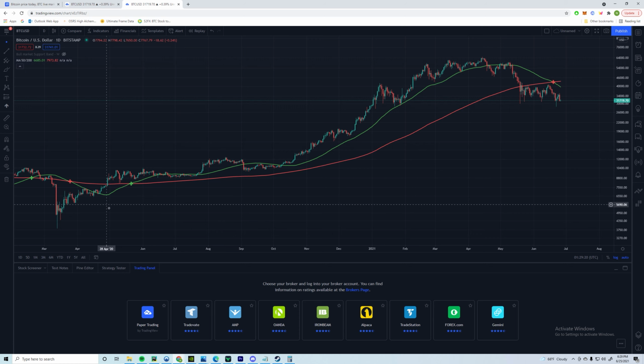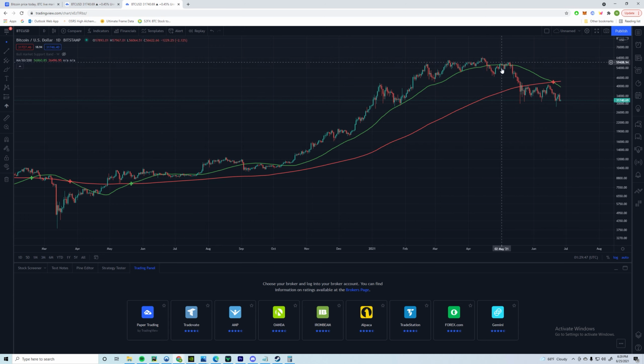When the green line is already below the 200-week or 200-day SMA and it crosses above, that generally means price go up. And we can see that right here. So on May 20th, 2020, we had a golden cross up and we took off into the bull market.